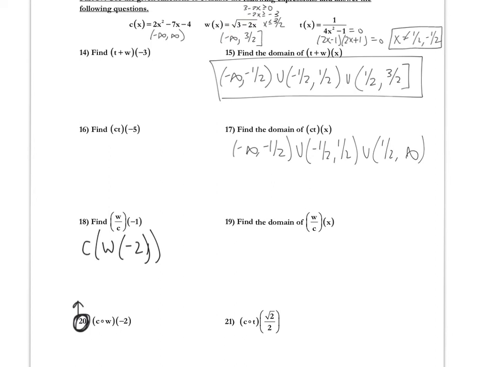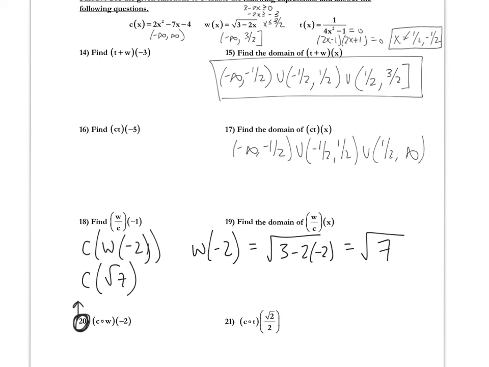So when I do that, W of -2 equals square root of 3 minus 2 times -2, which is square root of 3 plus 4, which is 7. So now what I'm doing is C of radical 7. That means I'm taking radical 7 and I'm plugging it in up here wherever there is an x.